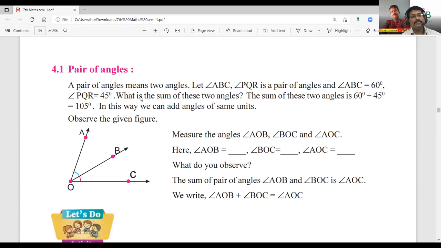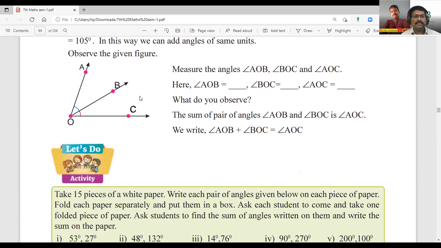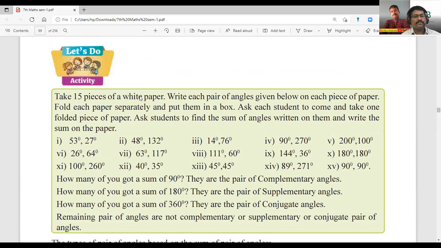Then we call them adjacent angles. Here the pair of angles are AOB and BOC. So easily you can say that angle AOB plus angle BOC is equal to angle AOC. Okay, right?